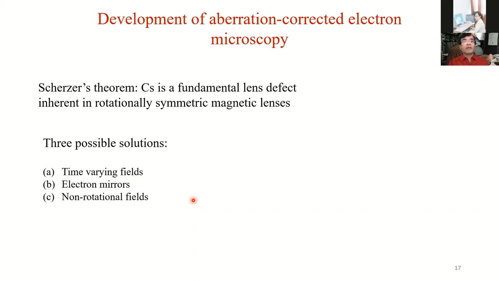So it means you're destroying the evil, but in return, you're also giving rise to another evil. At that time, we didn't have mechanical alignment systems, and people were not able to precisely align those multiple lenses in the microscope.